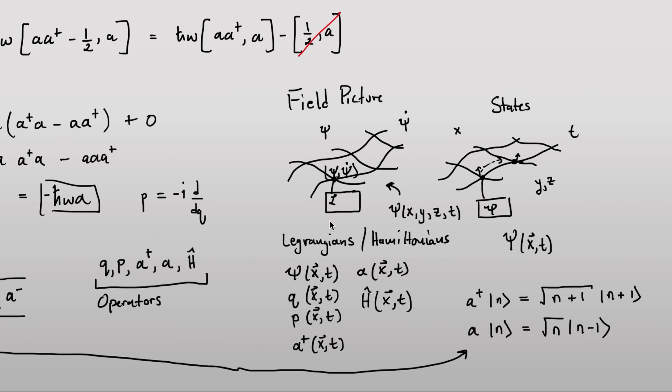Okay, so we're at this point here where I'm talking about now thinking of wave functions as these wave functions right here. We're going from here, now we're thinking about them as vectors.